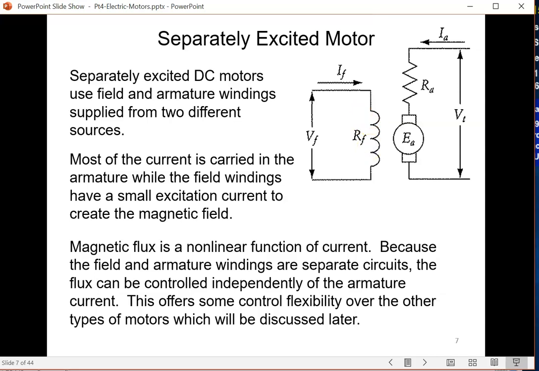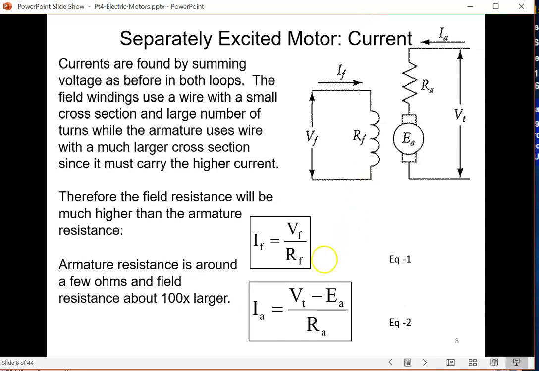So we have this equivalent circuit, and we have this relationship as well. Current IF equals VF over RF. That's the current needed to produce the magnetic field. That's equation 1. Equation 2 gives you the formula to calculate the current in the armature winding.